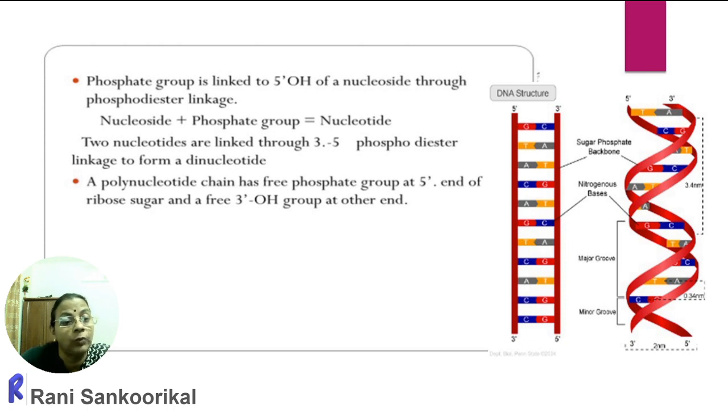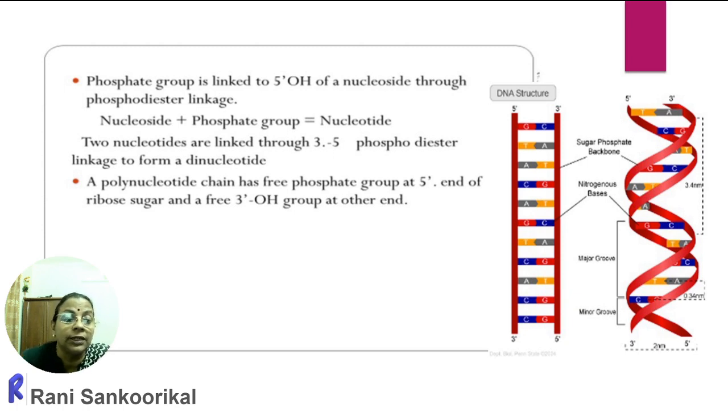In RNA there is only one polynucleotide strand, whereas in DNA there are two complementary polynucleotide strands interconnected by base pairs. The bases in one strand are connected with the bases of the other strand, and specificity is maintained.